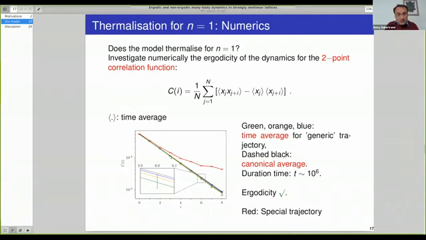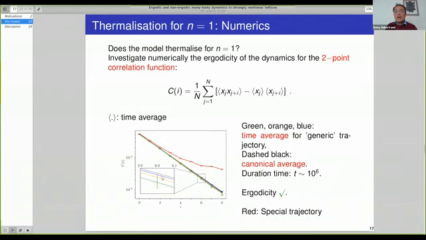So please forget about the red curve, which I can explain, but is not of direct relevance for us. So what you can see is that if one zooms in, you will see that there are several curves, the green, yellow, and the blue, which are all time evolution of this quantity, time average of this quantity, for a growing sequence of the size of the chain, capital N. And then hopefully you can see the black dashed curve here is the phase space average.